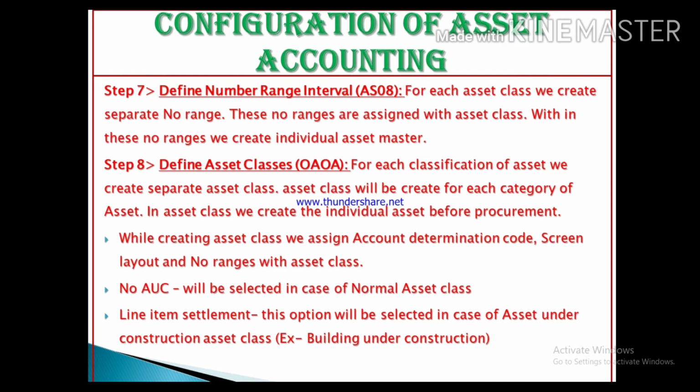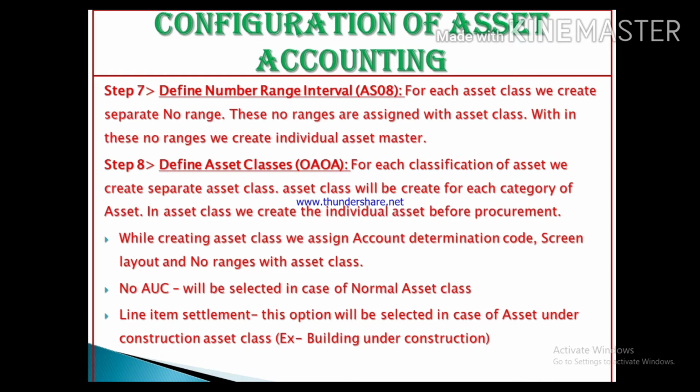So, we will create an asset class for each category of asset. In an asset class, we create the individual asset before procurement. Before procurement, we will create a separate asset class for each category of asset.